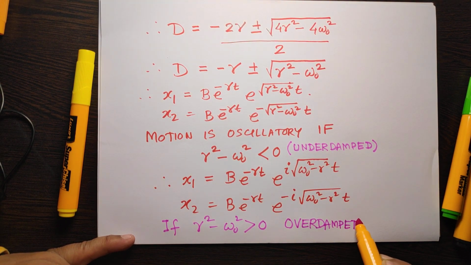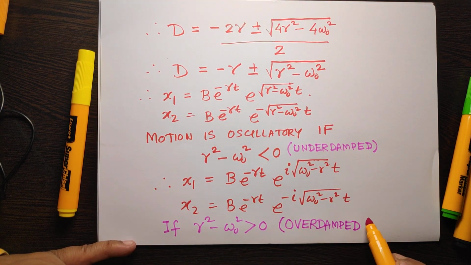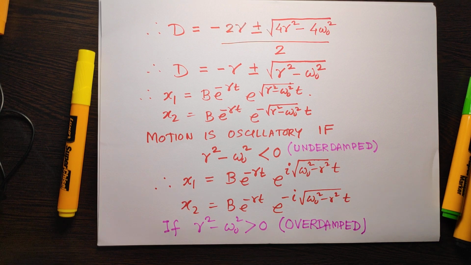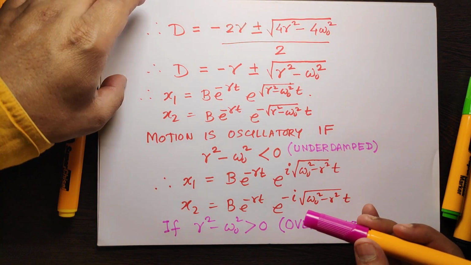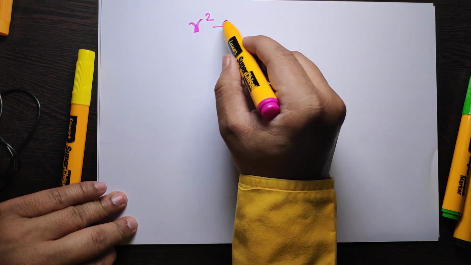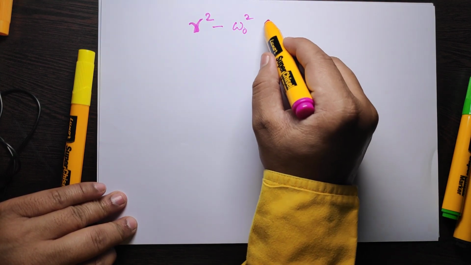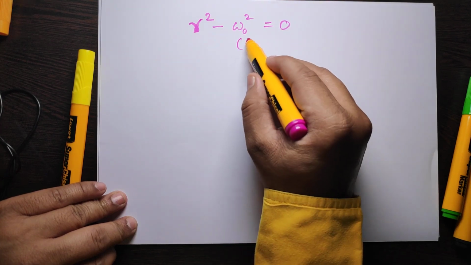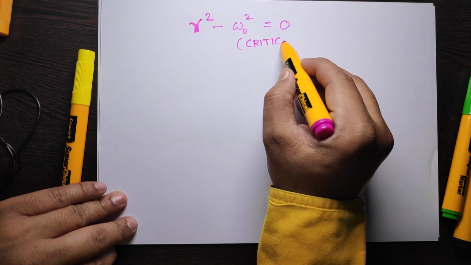Overdamped means it will not be oscillatory at all; it's an exponentially decaying function. There may be a case at the borderline when gamma square minus omega naught square is equal to 0. This case is known as critically damped.